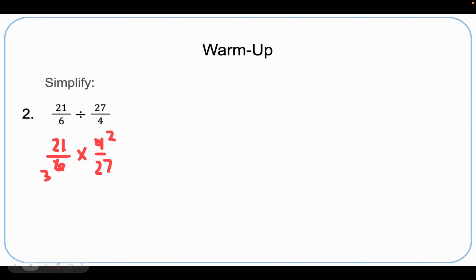And then between 21 and 27, we can factor out 3. So this will be 7 here, and then this would be 9. And now we can go ahead and multiply. 7 times 2 is 14, and 3 times 9 is 27. So 14/27.